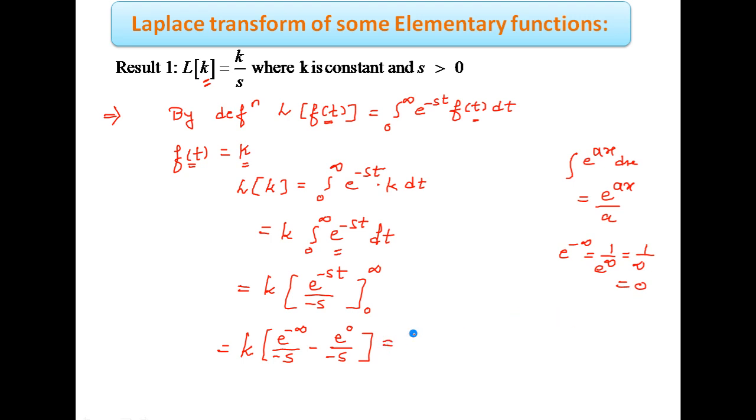So therefore here k into 0, and this minus minus is going to be plus, and e to the power 0, anything raised to 0, is 1, upon s. So this gives us the result k upon s. As you can see, that is a standard result. Laplace of k is what? K upon s.